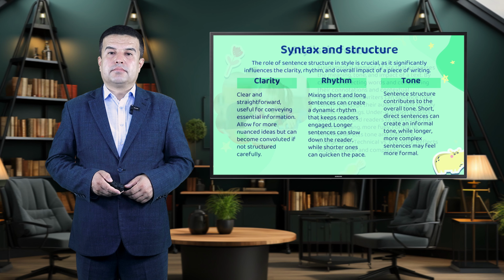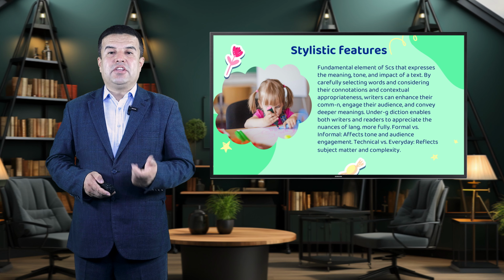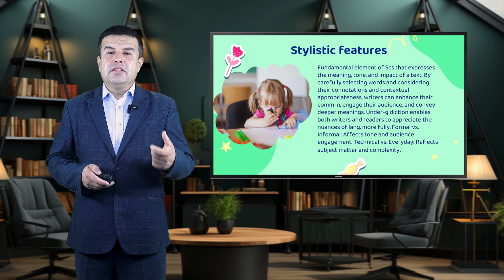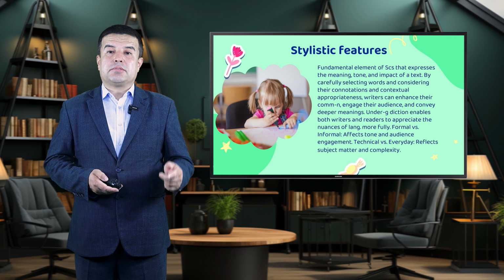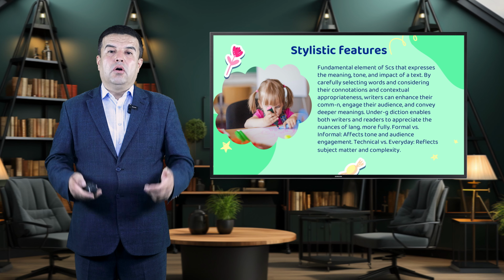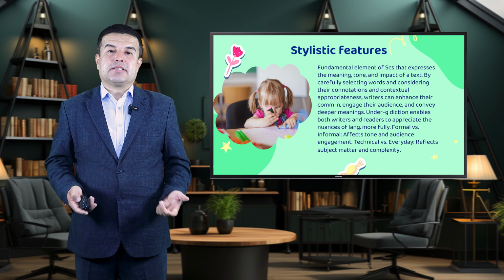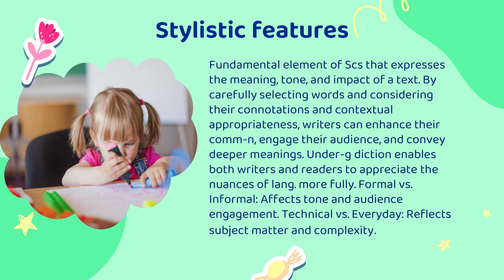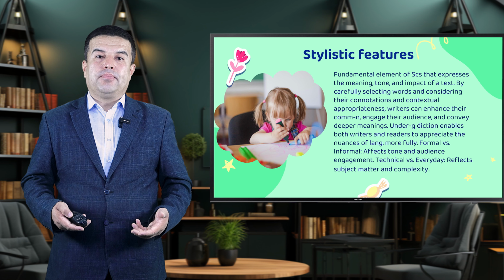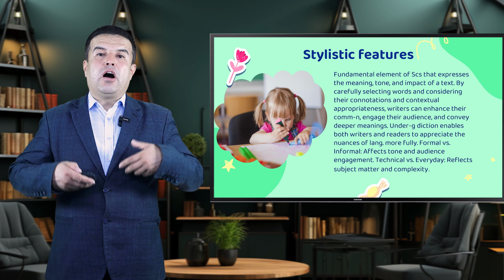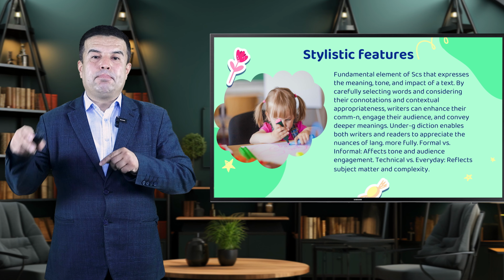Stylistic features. In stylistic features, diction is a fundamental element of stylistics that expresses the meaning, tone, and impact of the text. By carefully selecting words and considering their connotations and contextual appropriateness, writers can enhance their communication, engage their audience, and convey deeper meaning.